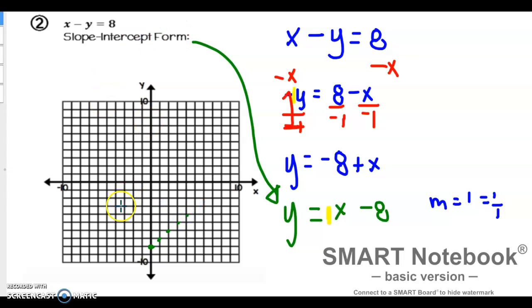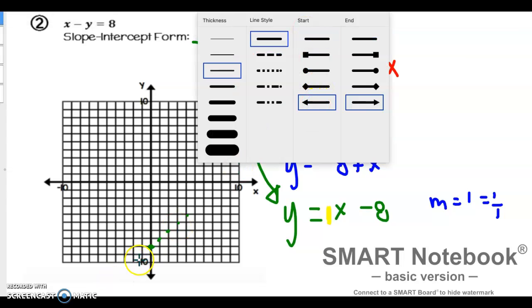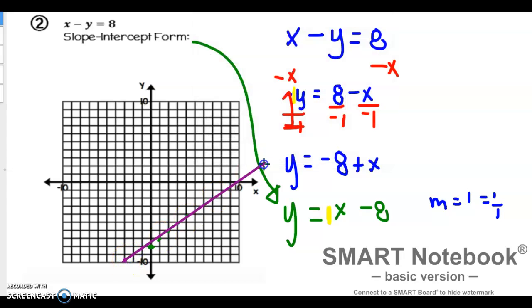And then we're going to draw a line. Remember, it should have arrows on both ends of it to show that it goes forever in both directions. And we're going to connect the points. I just want to move my line a little bit here, and that is it.